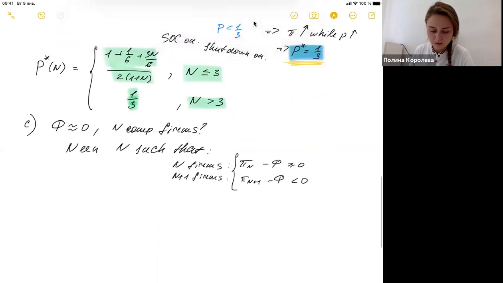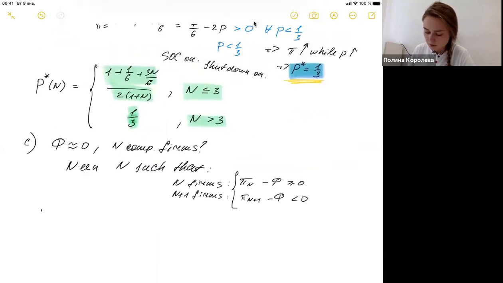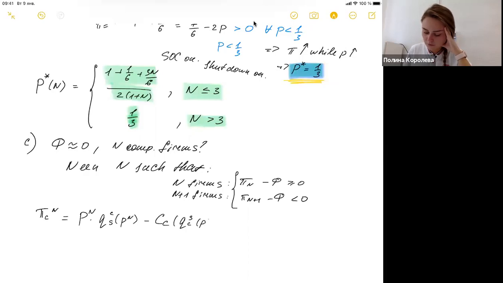So, let us write down the profit of a competitive firm if we have n competitive firms in the market. How can we count it? This is the price for n competitive firms, multiplied by the quantity supplied by each competitive firm, the individual supply as a function of price, minus the costs of a competitive firm as a function of supply.